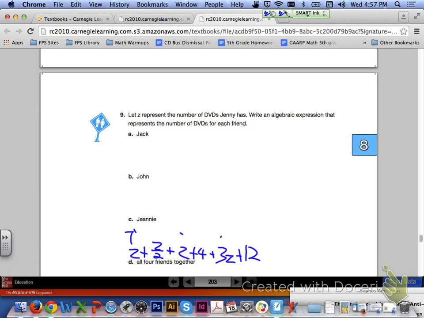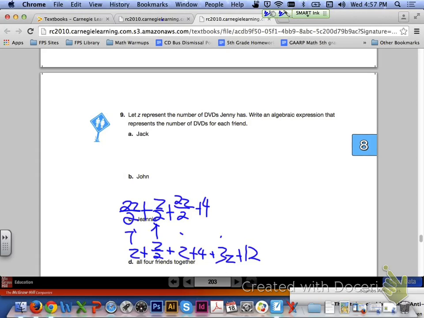So we want 2 to be the number in the denominator. So if we have z, we're going to have 2z over 2. Okay? Plus z over 2 is going to stay the same. Plus, and then it was z again, so that's going to be 2z over 2. And then plus 4 will be the same thing.